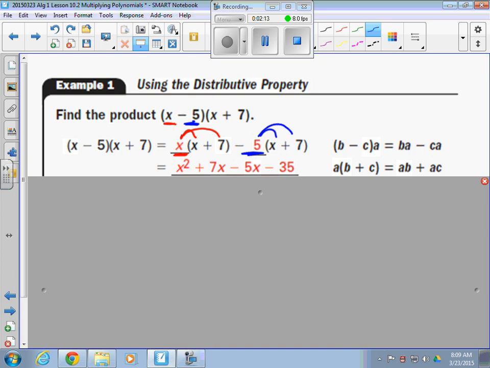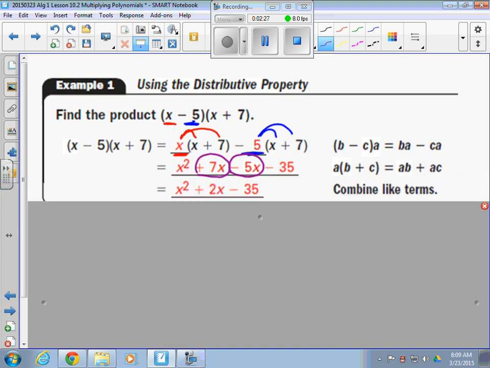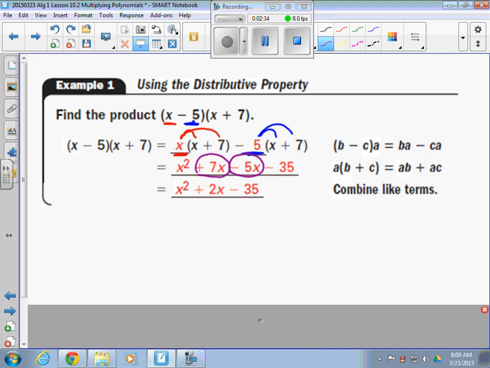Then you combine your like terms. There are two like terms, 7x and -5x. So 7 minus 5 gives you 2, and it's positive, so it's going to say plus 2x in the middle. x squared plus 2x minus 35. This is using the distributive property.